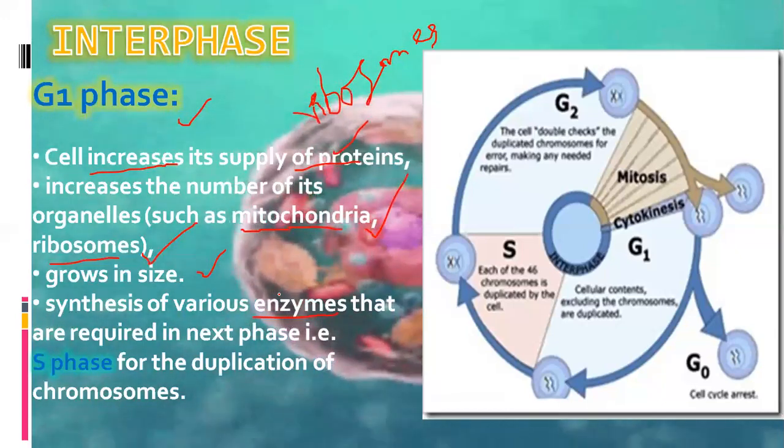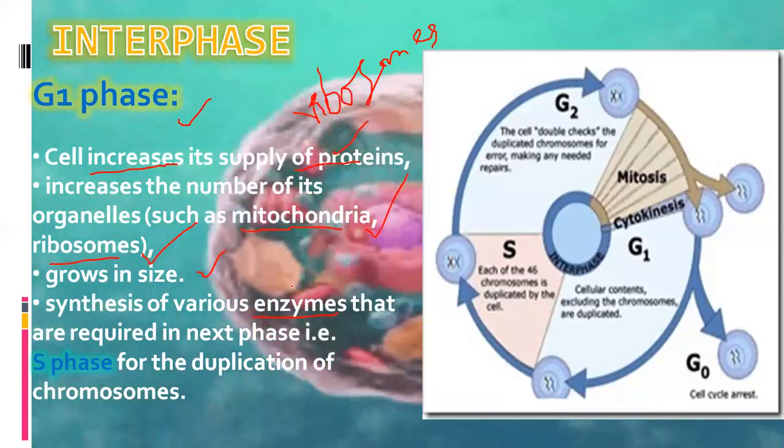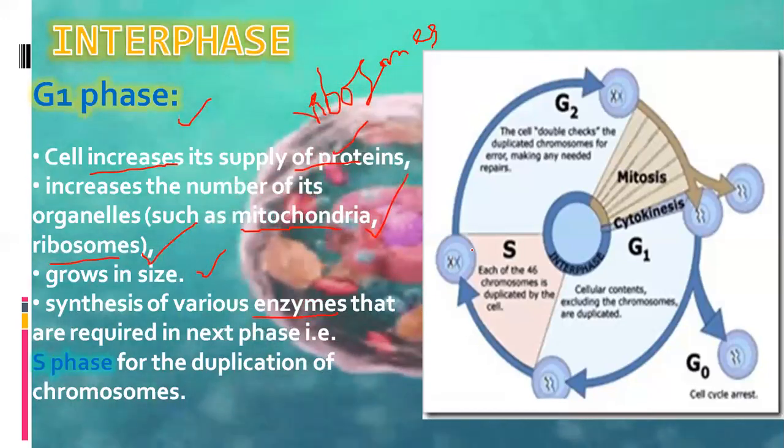We will talk about enzymes in chapter number 6, inshallah, and in chapter number 7 we'll study their importance in photosynthesis and respiration. Enzymes are also required for the S phase, which we will talk about in the next slide.